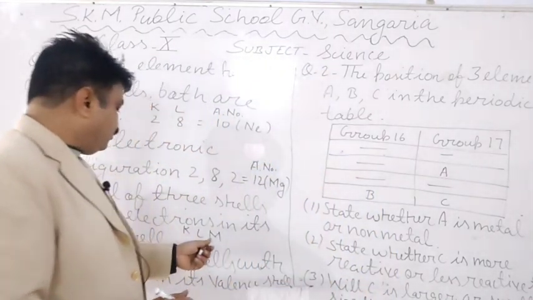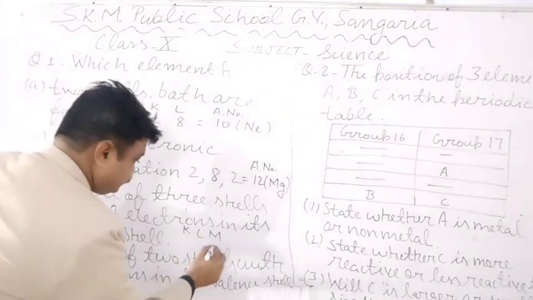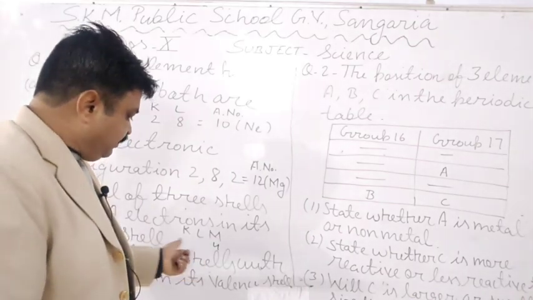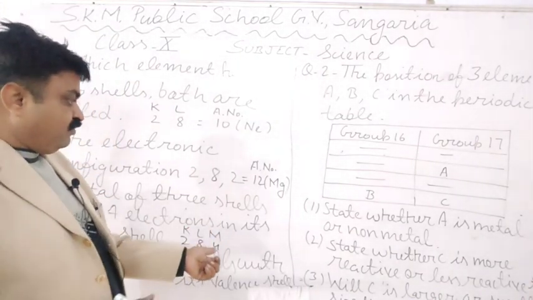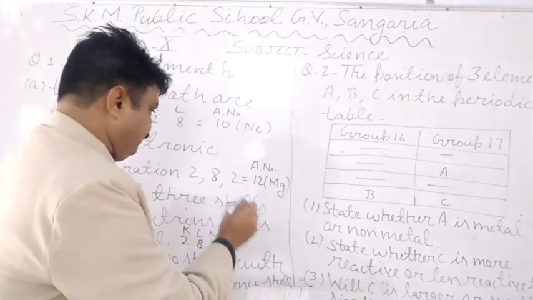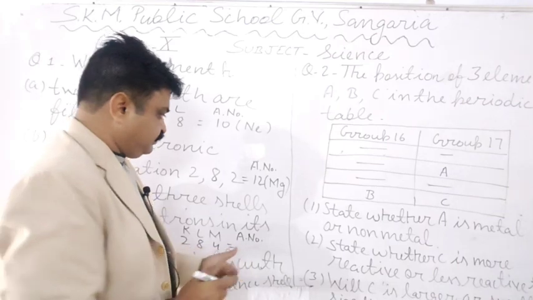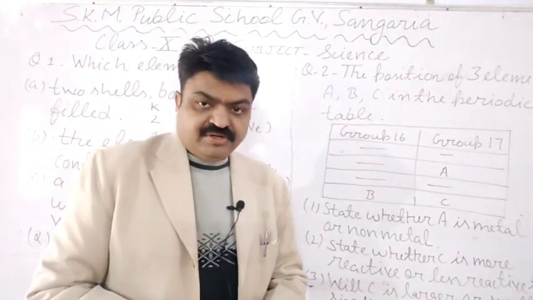Here the outermost cell is M. So in the outermost cell there are 4 electrons, so here I write 4. And in the remaining we can easily write 2, 8, 4. So the element may be atomic number 14 element.